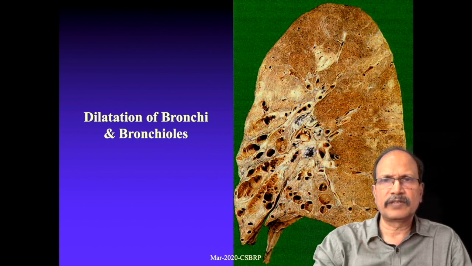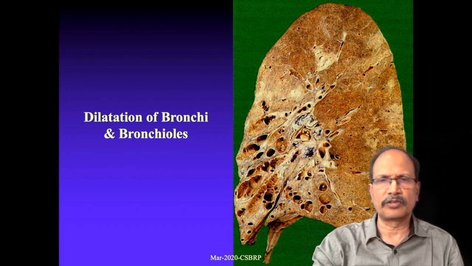And on the cut surface of the lung involved in bronchiectasis, you may see the lower portions of the lung most commonly involved, and they are showing dilated cystic spaces. They are nothing but the bronchi and bronchioles. So these dilated cystic spaces reach even the surface of the lung, very close to the pleura, which is abnormal.